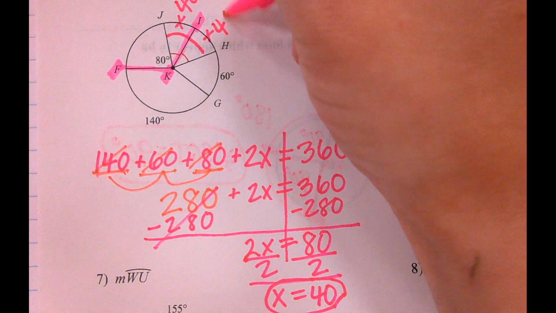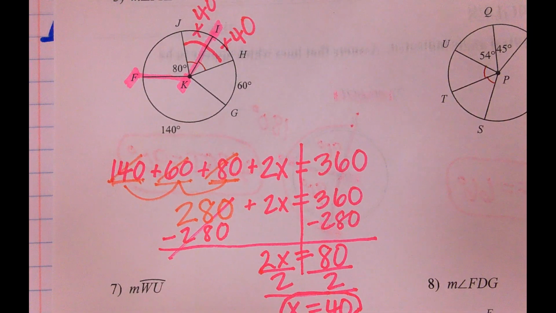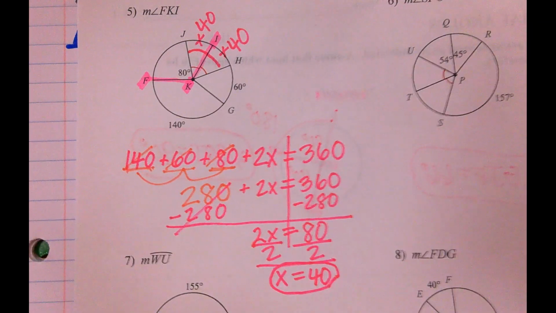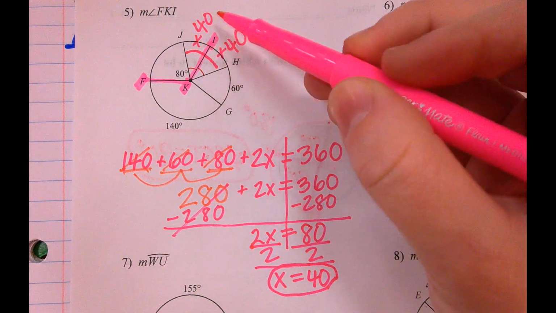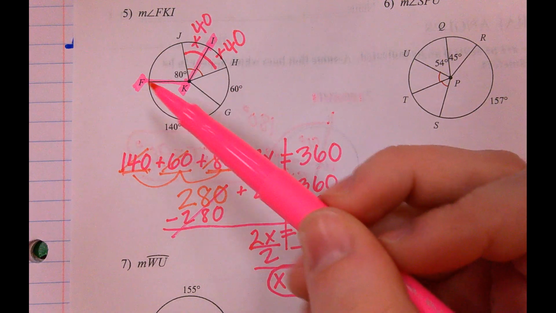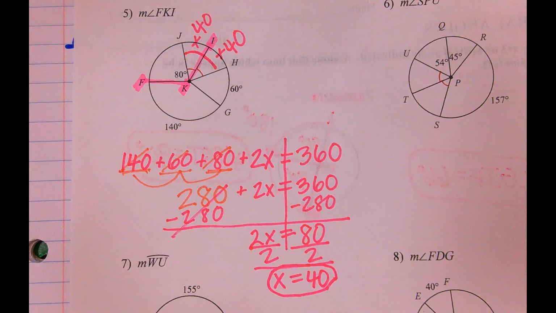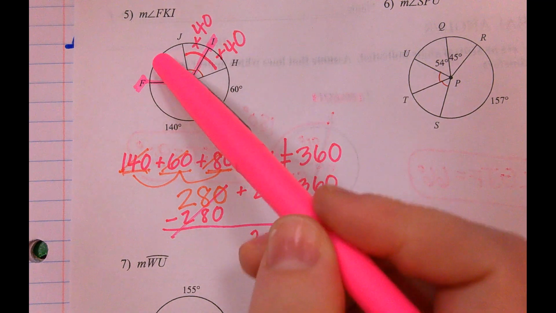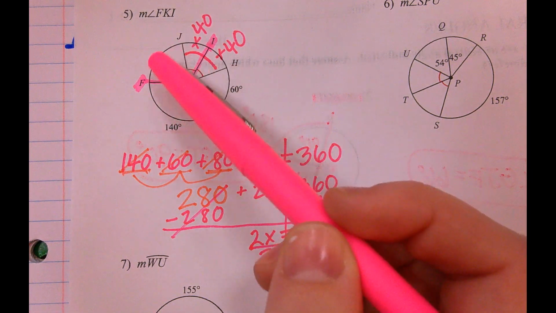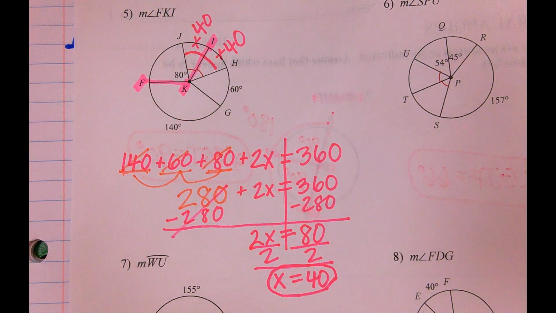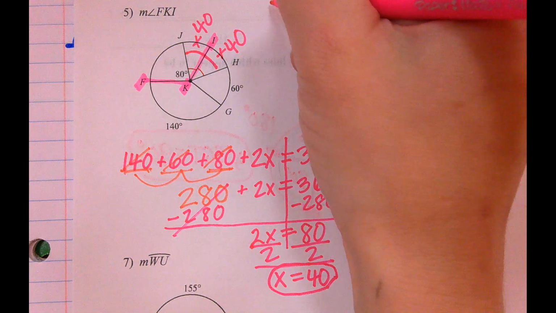So I'm going to label both of those with 40s. Now that I know this angle is 40 degrees, how can I find the angle that I want to find, my highlighted angle? Check out 80, 40. Yes. Now we can just add the angles that make up the one we want. 80 degrees plus 40 degrees is 120 degrees.